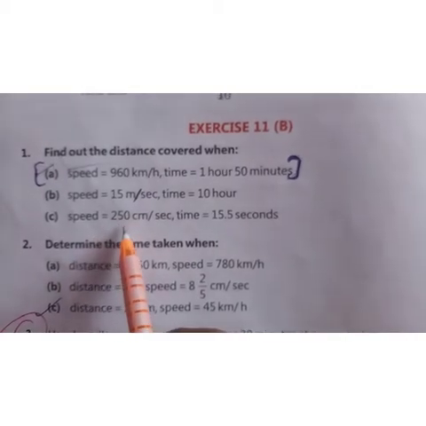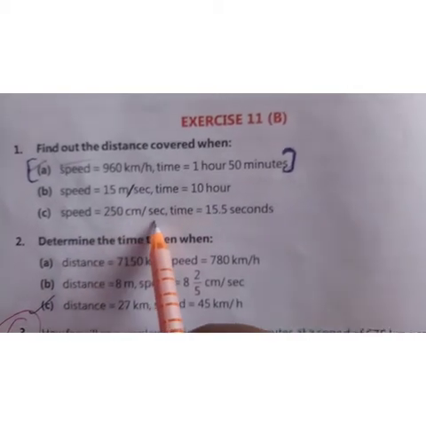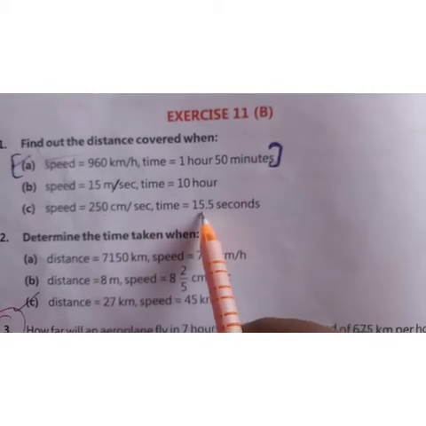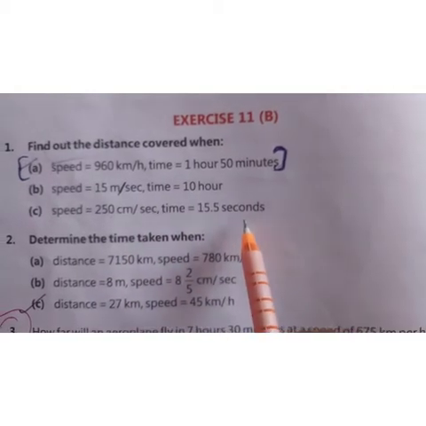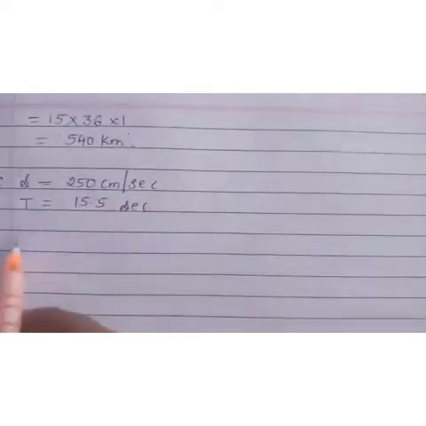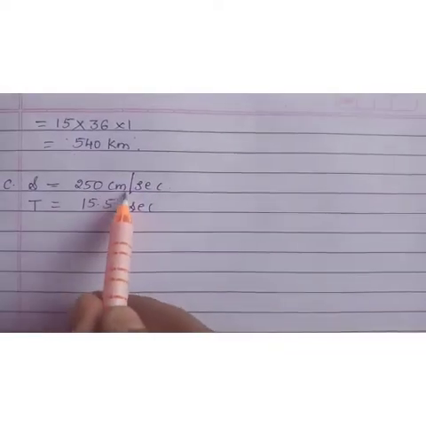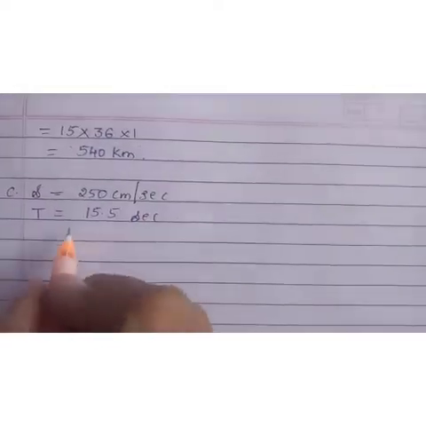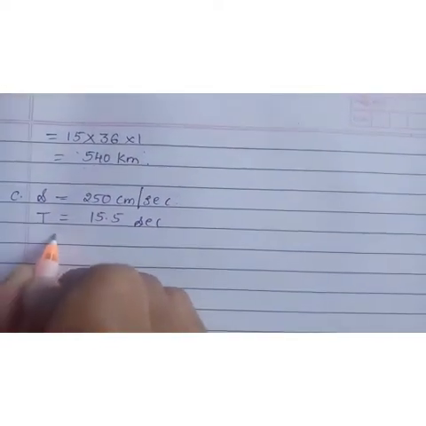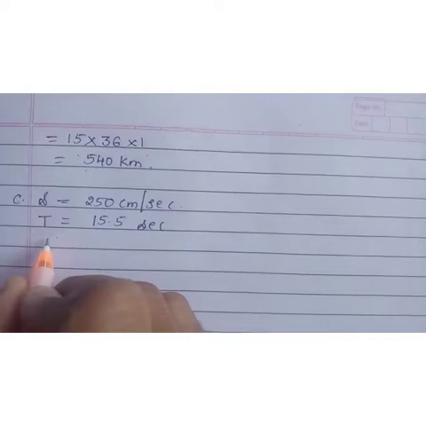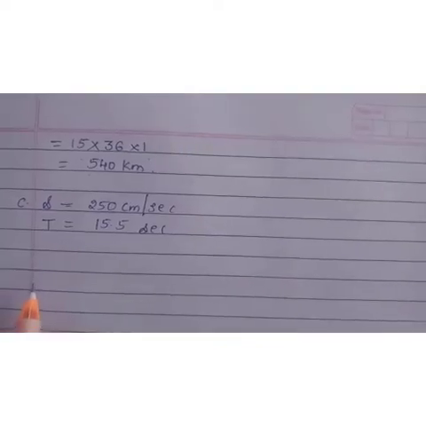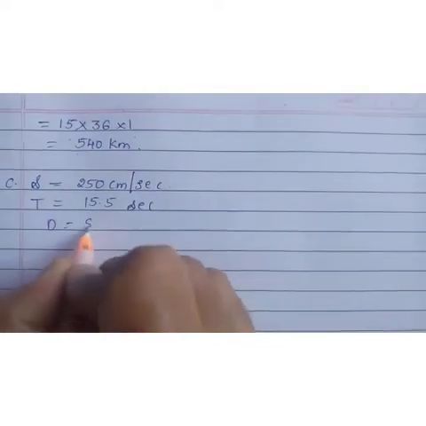Speed is equal to 250 centimeters per second. Time is equal to 15.5 seconds. So children, speed is given, time is given. Now we have to find the distance. It is 250 centimeters per second. So how will you write it? You will write it as distance is equal to speed into time.